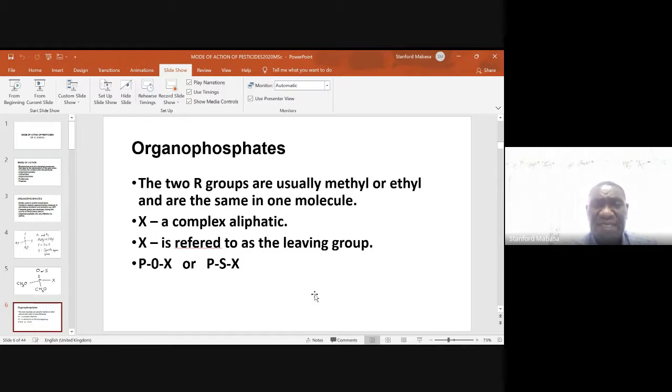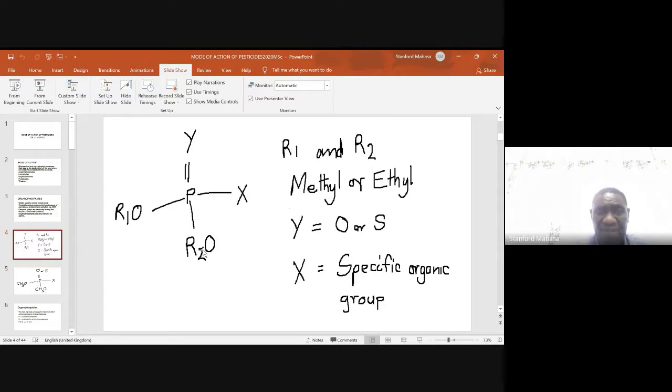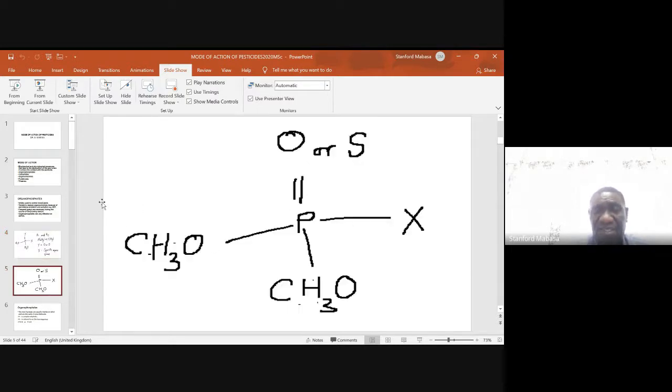Now, organophosphates have two other groups, which are usually methyl or ethyl. These are the other groups I am referring to.